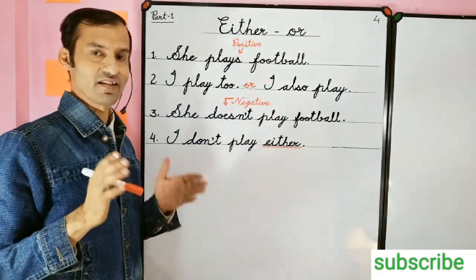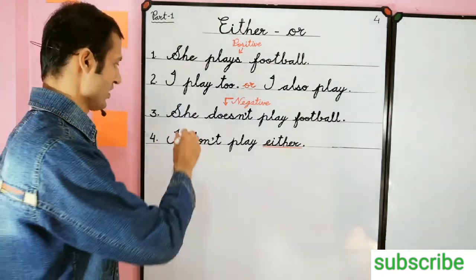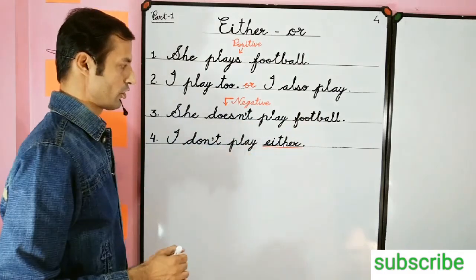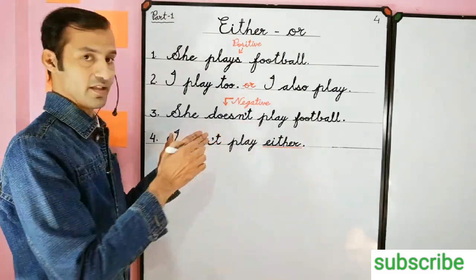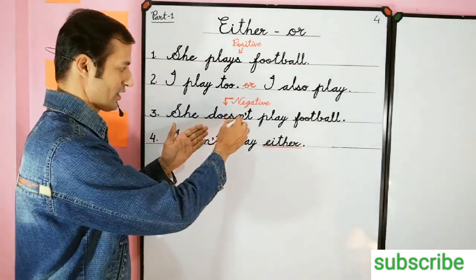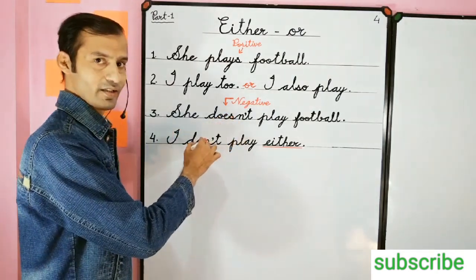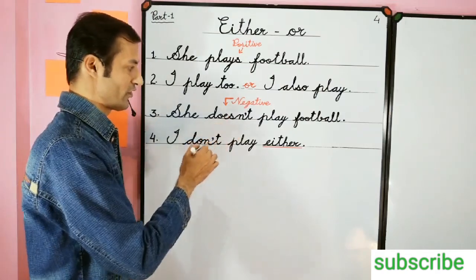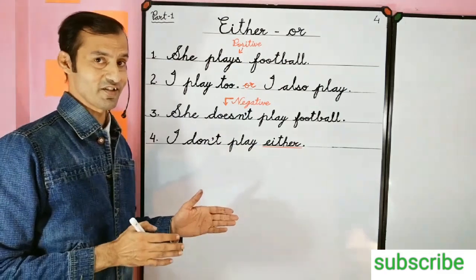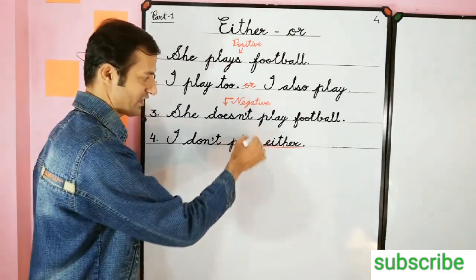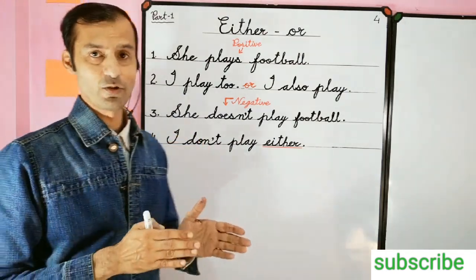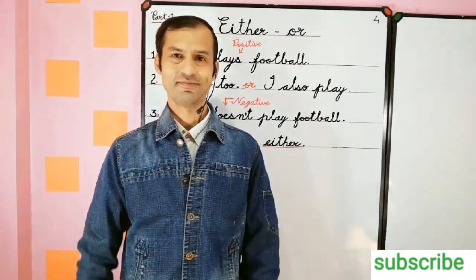And here we see the third and fourth sentences. She doesn't play football and I don't play either. These are negative sentences because they contain not. So we have used either in these sentences, and either is normally used in a negative sentence to add an agreeing idea or thought.